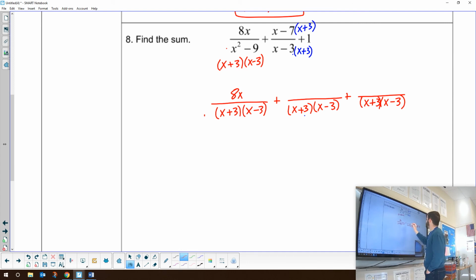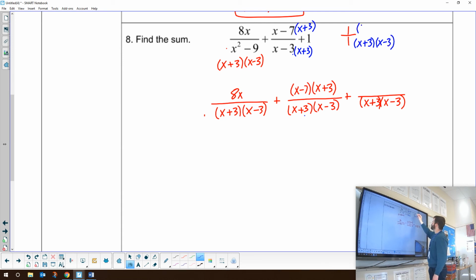So we're going to have x minus 7 times x plus 3 on top here. Then, to change this 1, remember 1 is just 1 over 1. To change that 1, to get from 1 to this, I had to multiply by x plus 3 times x minus 3.